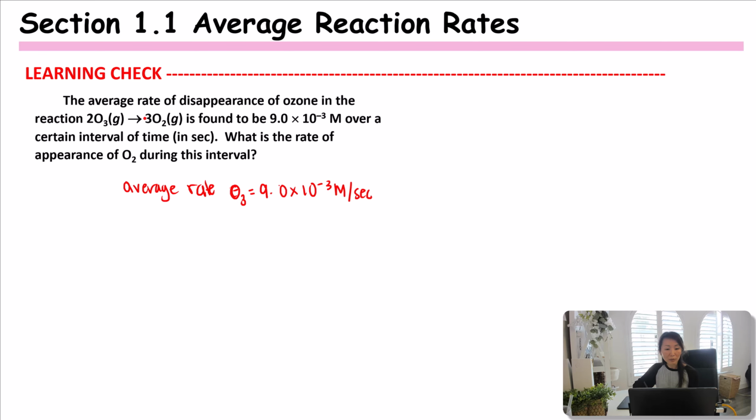Well, we don't know much, but we do know that there is a coefficient in front of the reactant and the product. If you want to know the average rate of the product being formed, which is the O2, we take the coefficient of the product on top, the coefficient of the reactant on the bottom, so it's 3/2, and multiply by the reaction rate of the reactant.